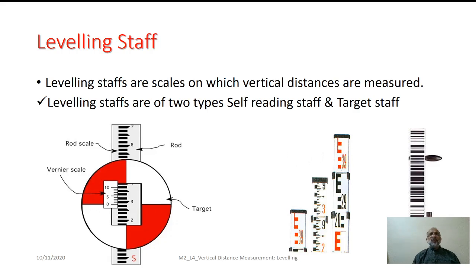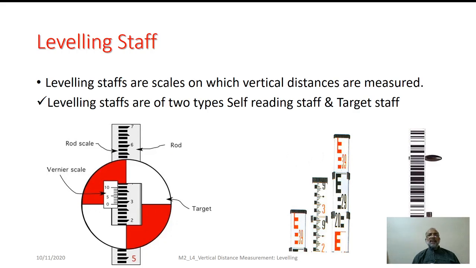So, the graduated rod that we mentioned a number of times in our earlier discussion is termed as leveling staff. These are nothing but certain vertical scales graduated with convenient markings to measure the height of line of sight with respect to the ground level and also in relation with the datum.